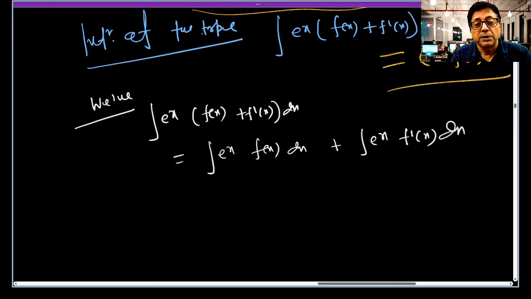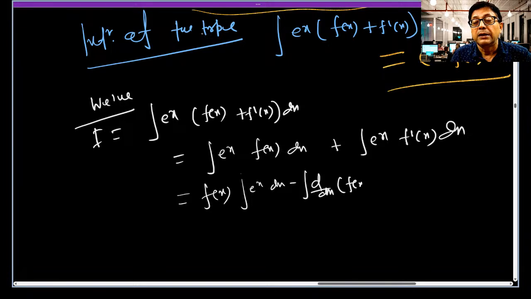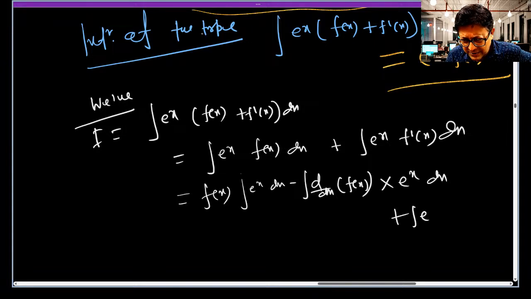Now keep this unchanged, and take f x as the first function: f x, first, integration of e to the power x dx, minus the derivative of f x times e to the power x, which is e to the power x dx, plus the remaining integral.